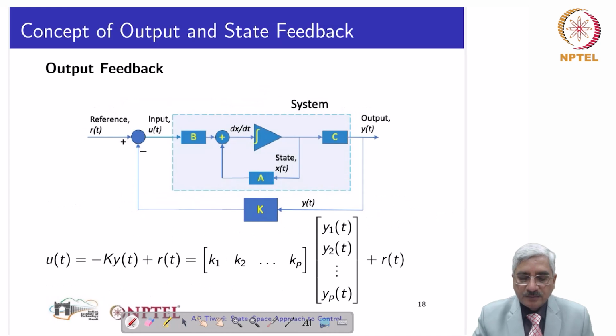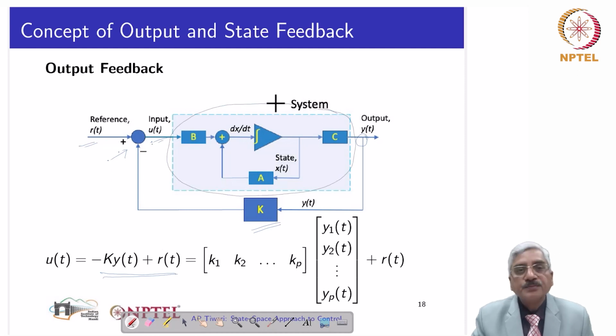Now in this, if we tap this output, and through a gain K and this control law, we feed it back to the input terminals like this, as shown here. There it is compared with the reference R, and the difference of the two is the input U, which enters the plant.